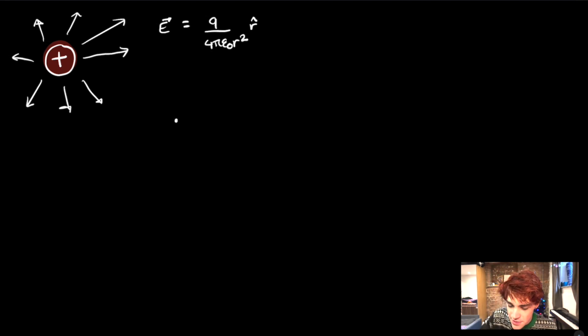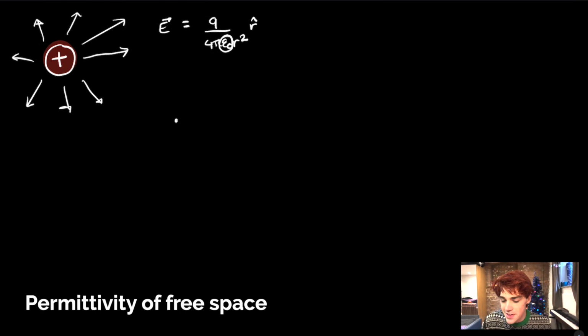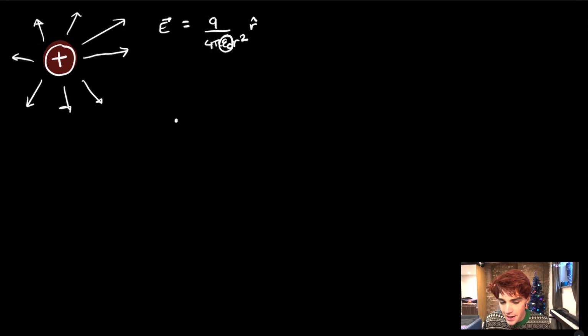The term that's of interest to us is this little guy right here, epsilon naught. So far we've just been assuming this is some kind of constant. But epsilon naught is called the permittivity of free space. If we break that down a little bit, it's the permittivity for an electric field to permeate in free space.